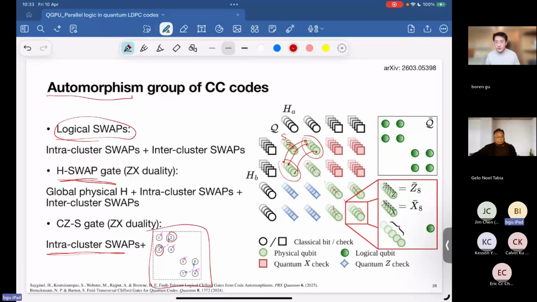This kind of automorphism groups are, in some sense, free, and both of the above two are easily fault tolerant because they are transversal, and the only two-qubit gates are the swap, so the errors won't propagate.